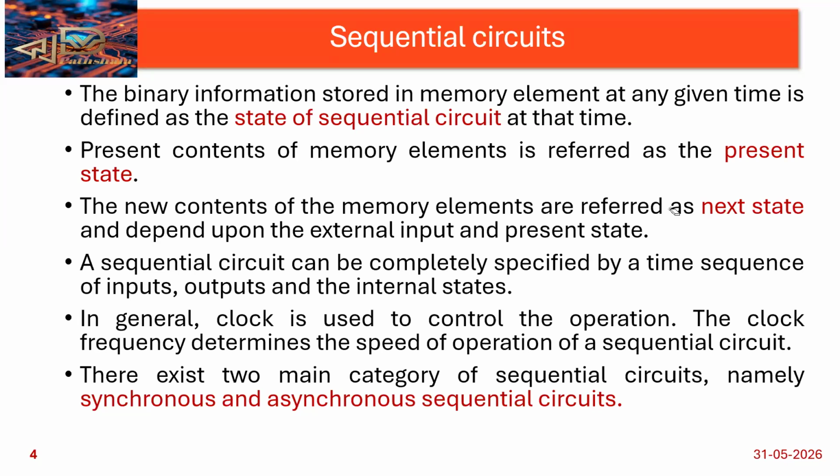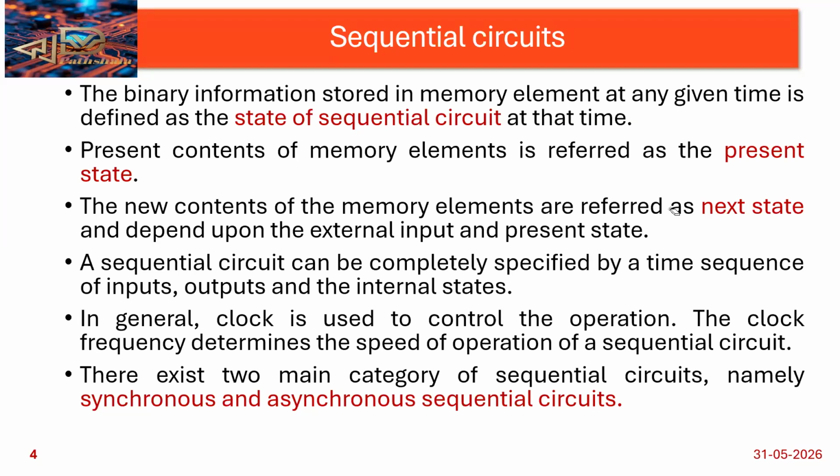Then we get the output from the memory element, which comes back to the input, and that is taken as the next state. The present state is whatever input we are giving, and what we get from that is treated as the next state.